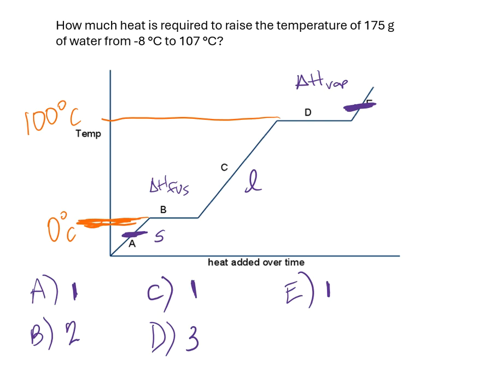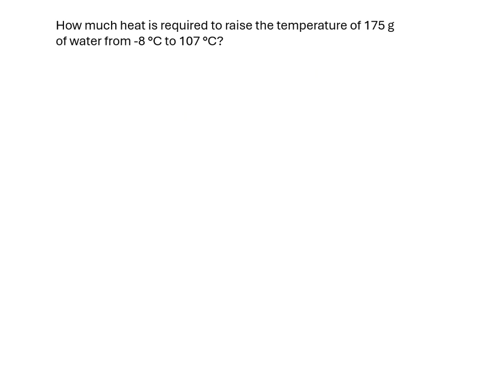So we have to do those 5 segments because based on these temperatures, we're involved in each segment of the heating curve. We have to take these 5 equations and then total them at the end. So if we take each one, I'm going to just keep the same labels as A. So with A for our heat, it was our mass, 175 grams.